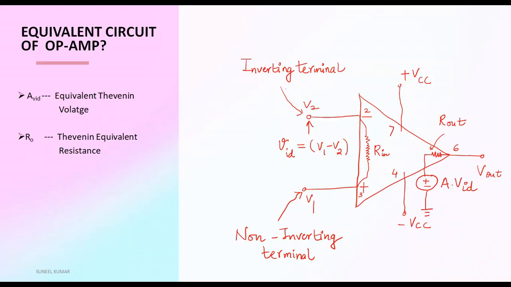This is A into VID. So this becomes the equivalent circuit. The output voltage can be written as A into VID.